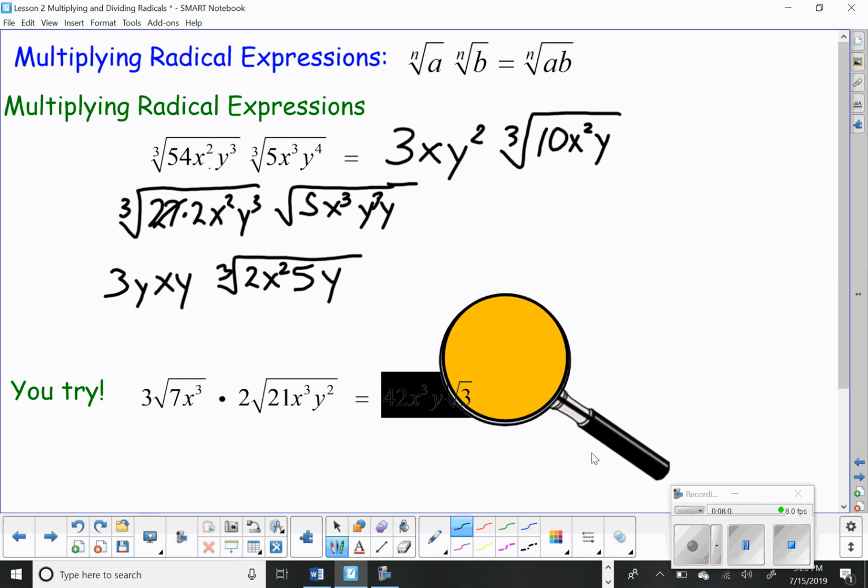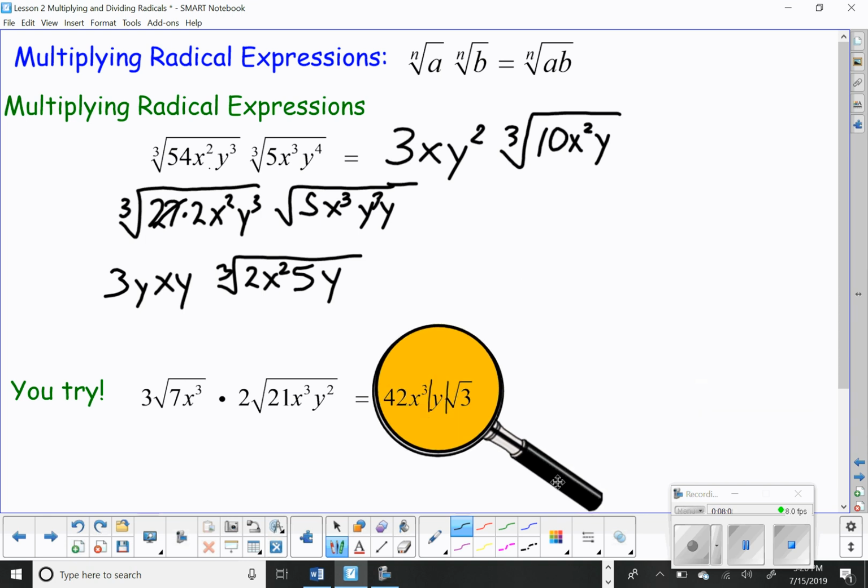You're back? Did you get this answer? Now notice we've got an even index. X, don't worry about. Y, I have to worry about. Even, and if it comes out and it's odd, I have to put an absolute value on it. Now first things first, 3 times 2 is 6.